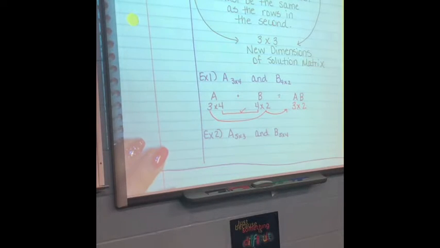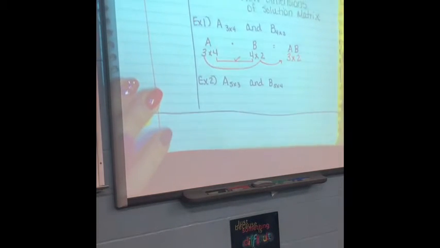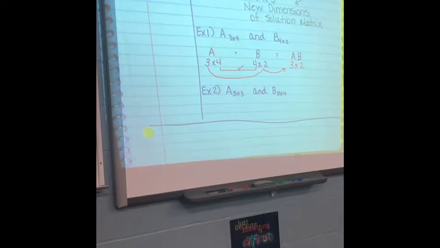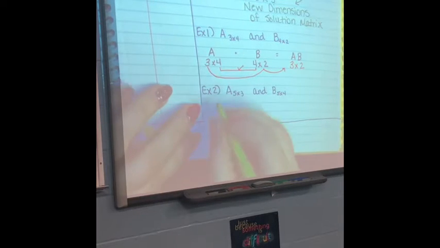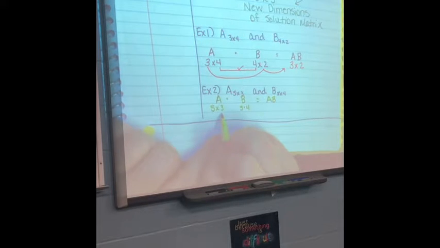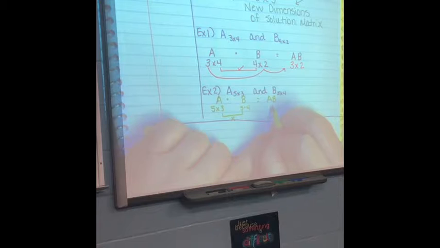All right, so we're going to look at matrix A, a 5x3 matrix, and matrix B, a 5x4 matrix. So I have A as a 5x3 times B, a 5x4, and I want to know, can I have AB? When I look right here, that tells me no, so this is not defined.